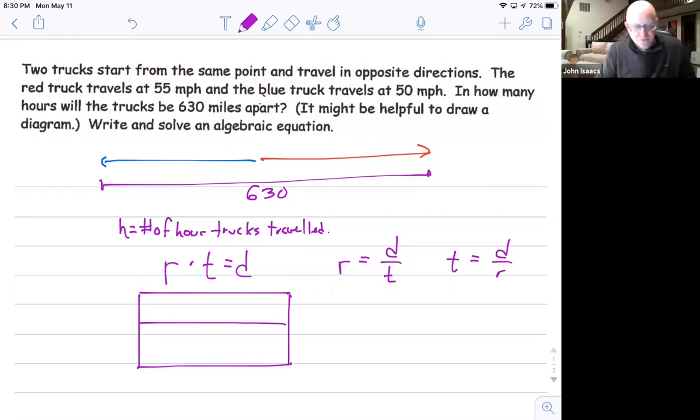In the first row, let's have our first truck. Our first truck went 55 miles per hour, for some unknown time, I guess we're going to use H for that.